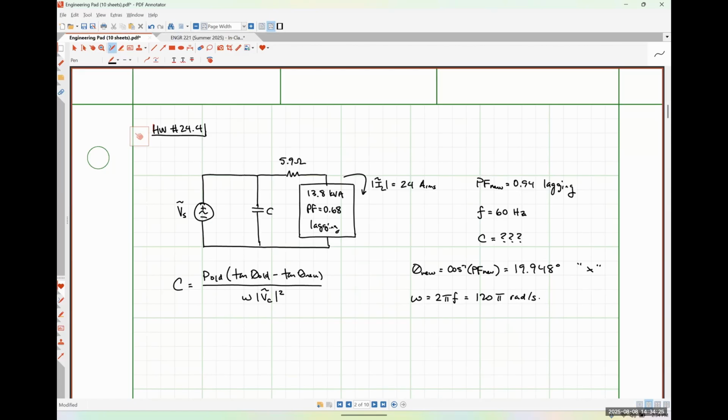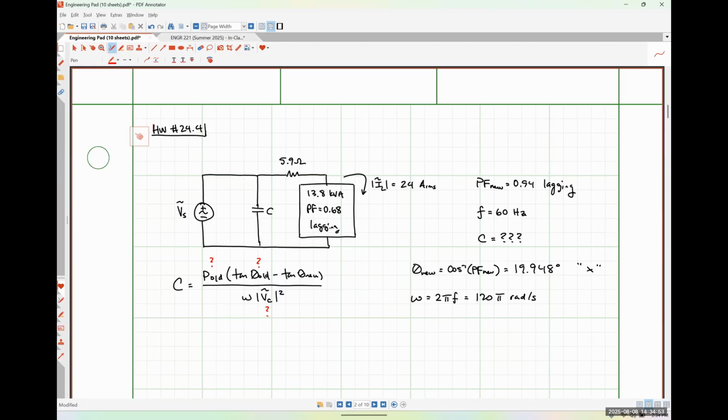So, does anybody have any thoughts on how we're going to solve for any of the other quantities? So, for what it's worth, we still need theta old, P old, and the magnitude of the voltage drop across our capacitor.